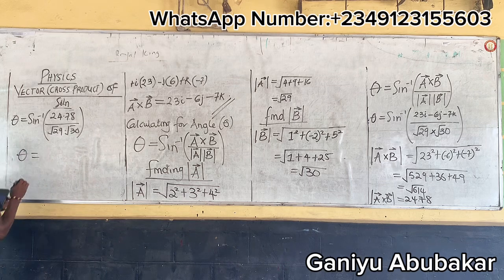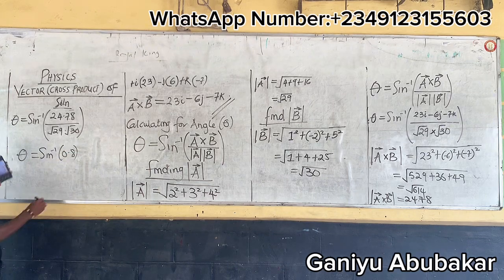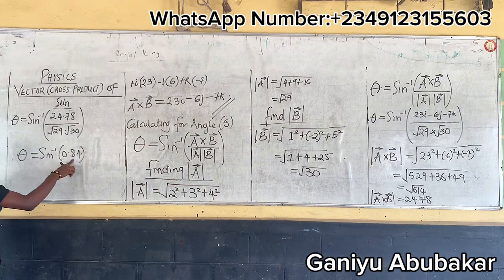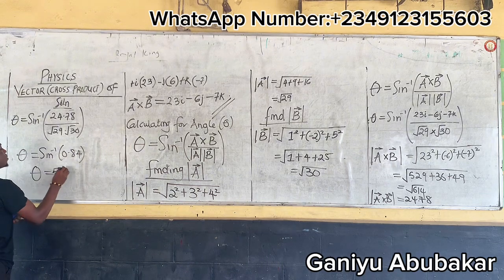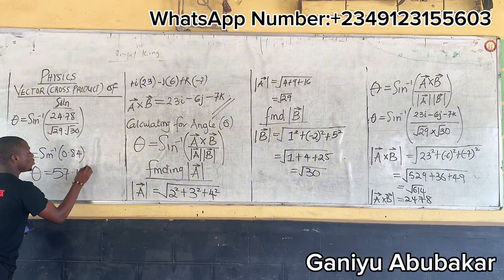Theta is equal to, if I divide everything here, sine inverse of 0.884. If I press sine inverse of this value on the calculator, theta is equal to 57.14 degrees.